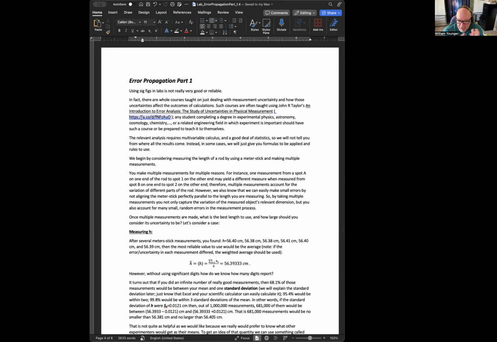It's not required, obviously, but it's just there. So, any student completing a degree in experimental physics or astronomy, cosmology, chemistry, or a related engineering field in which experiment is important should have such a course or be prepared to teach it to themselves. That's a lot of times exactly how it happens in science and engineering. A lot of stuff you just have to teach yourself.